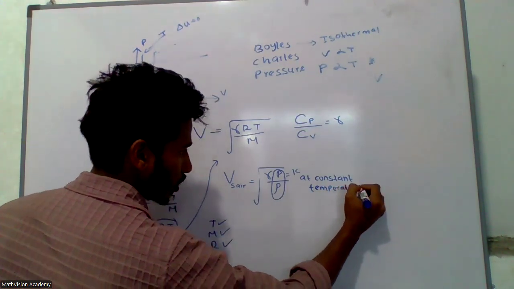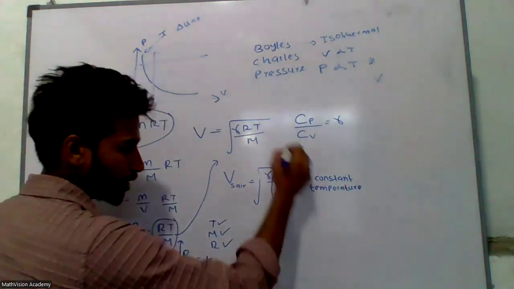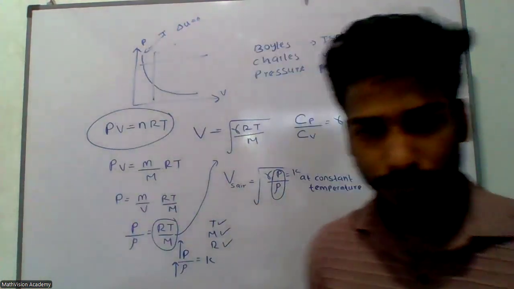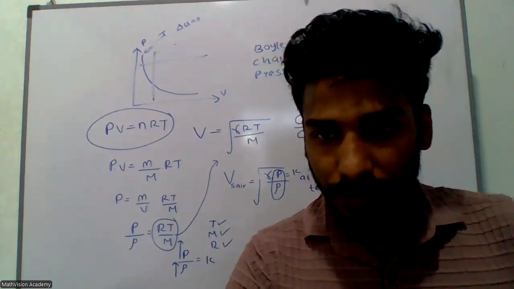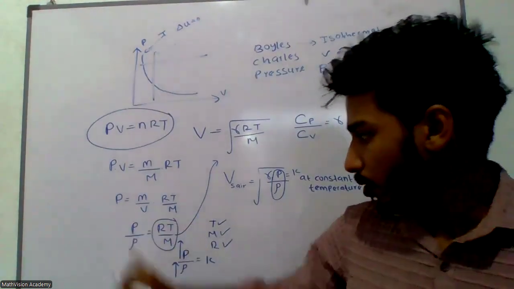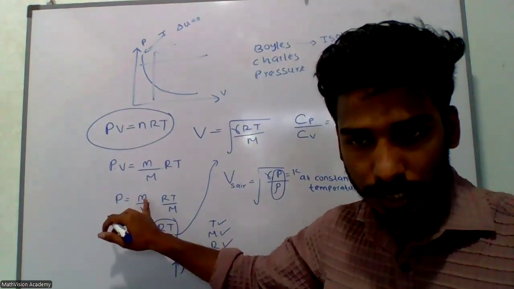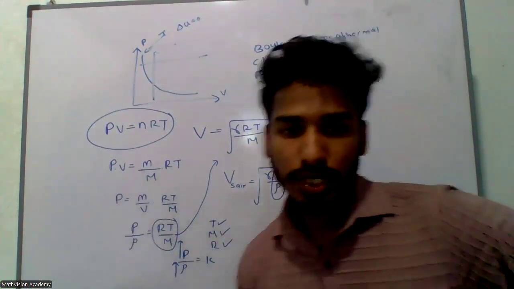In these scenarios, even if you start varying the volume, this doesn't affect our equation. If you change the volume, the density will change, and as a result the pressure is going to change.